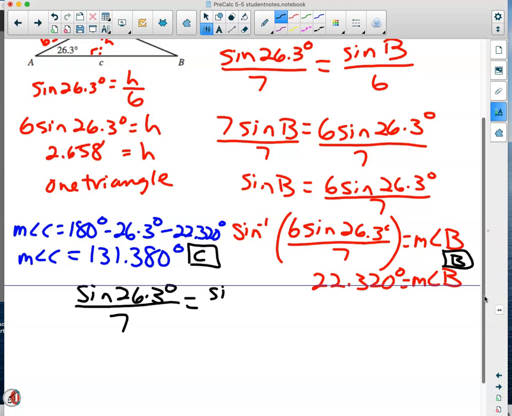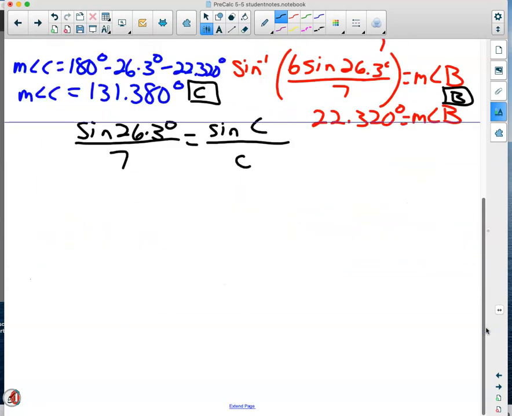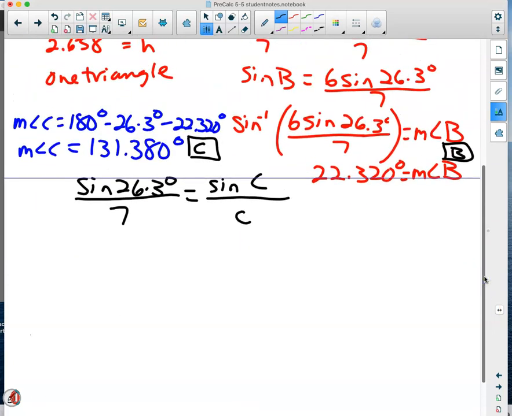So the sine of c over, and in this case that'll be our little c. Now, we have taught you that elegance means we can't write down our little rounded answers. But with a problem like this, we don't have any choice. You know, we have to write down that we found 131.380 right here.